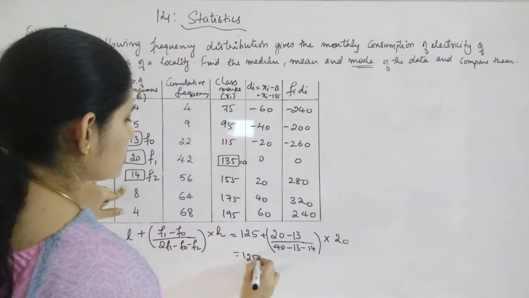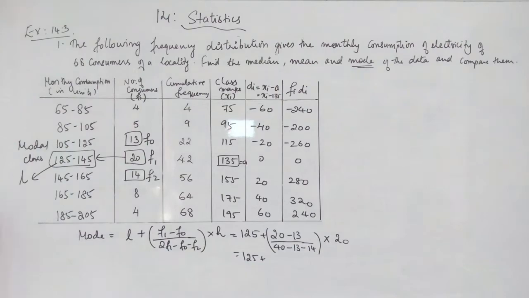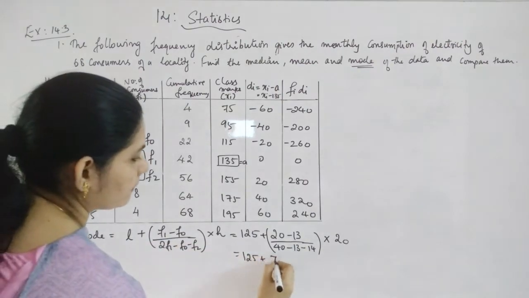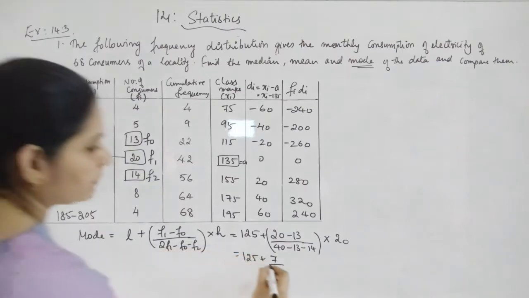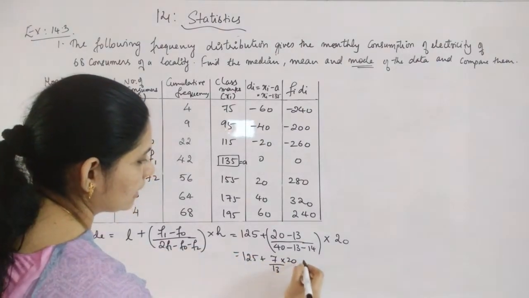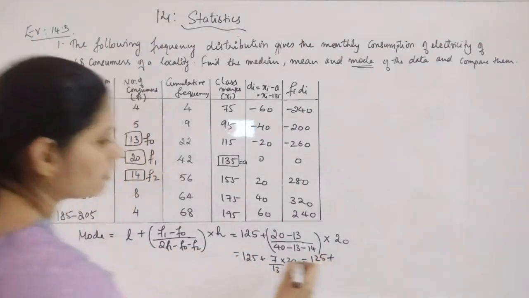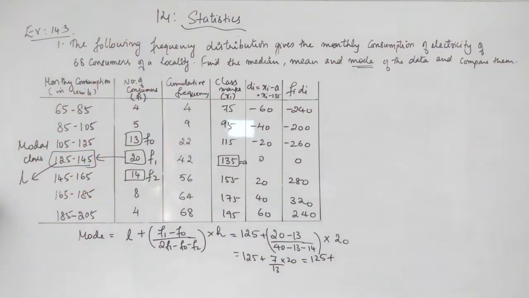So you are getting 125 plus, how much value? 20 minus 13 will give you 7, and here you are getting 40 minus 27, so you will get 13, into 20, which is 125 plus 140 divided by 13.